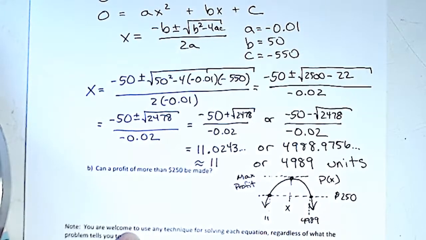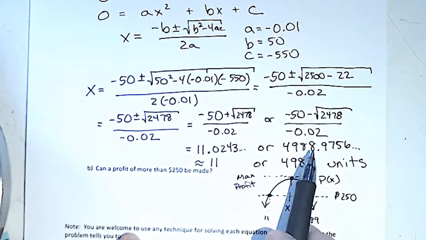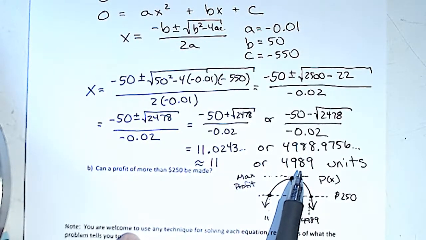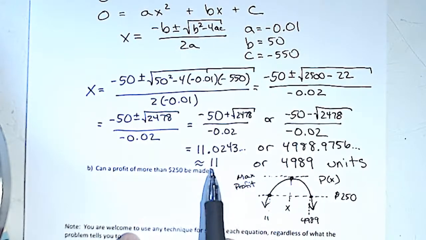Now, I don't want to give away too much, but I could say some things about symmetry to suggest that if we know 11 and we know 4989, then we also know what this value is, because parabolas are symmetric. And so this should sit right halfway between. Now, there's going to be a little wiggling because what happened was we didn't get exact answers. We estimated by approximating.